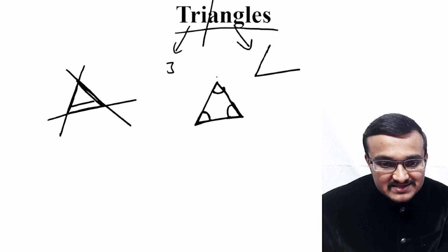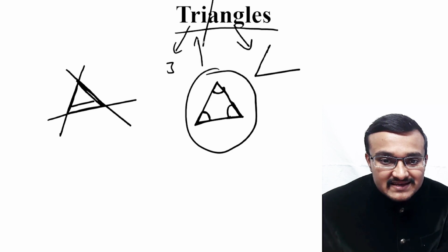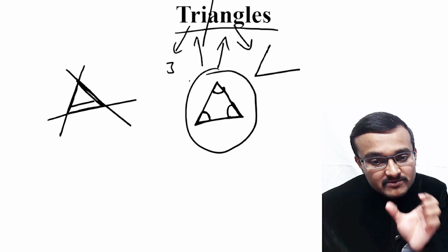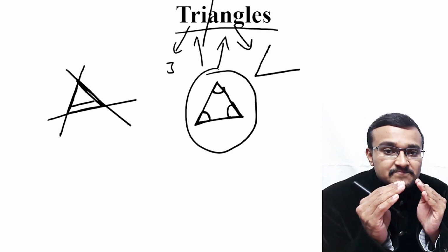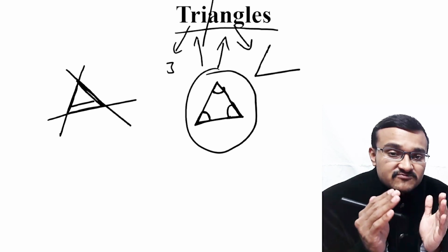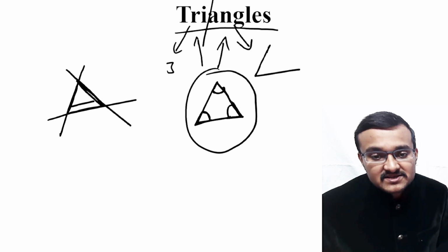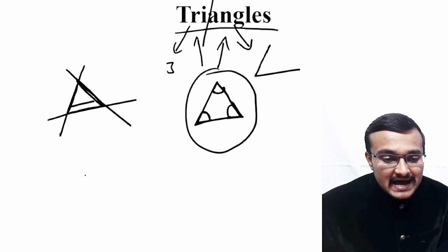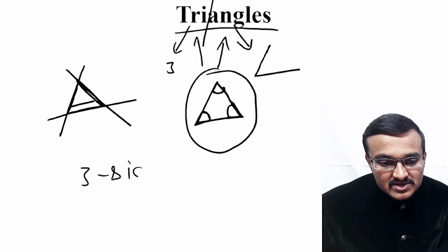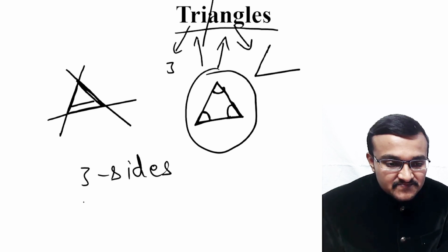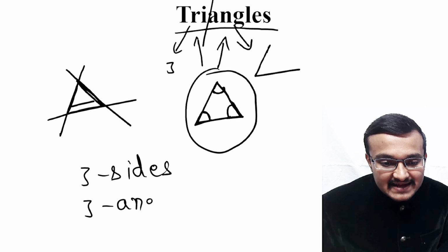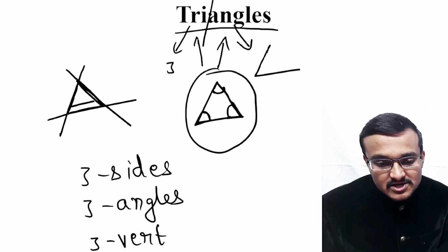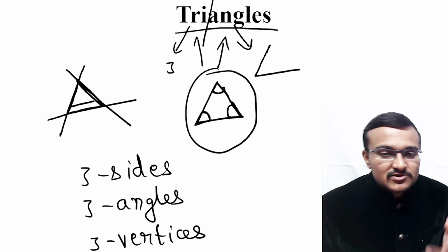That's why this kind of figure is known as a triangle. Always remember that in a triangle you have three sides, three angles, and three vertices. All these things you have already learnt in your previous classes.